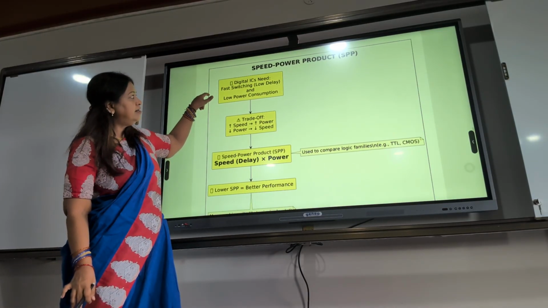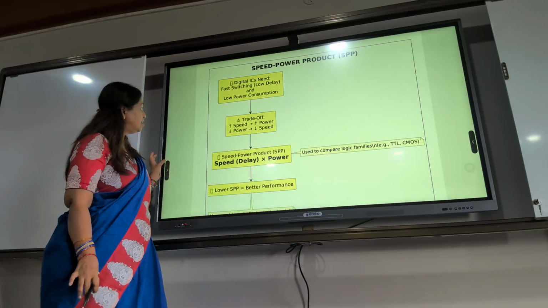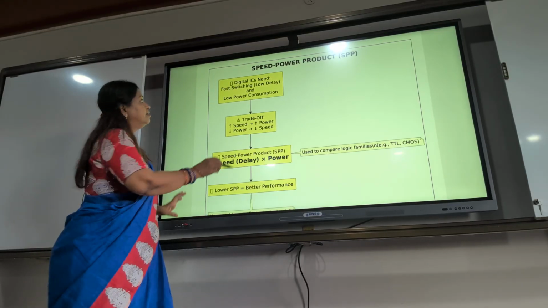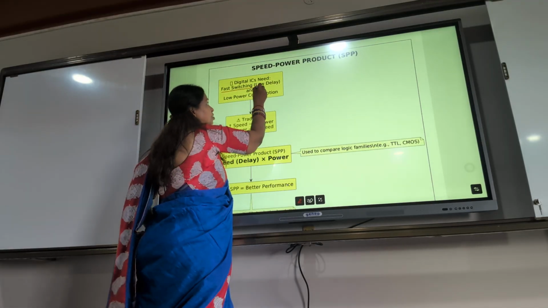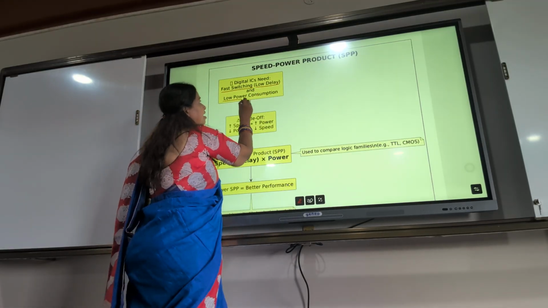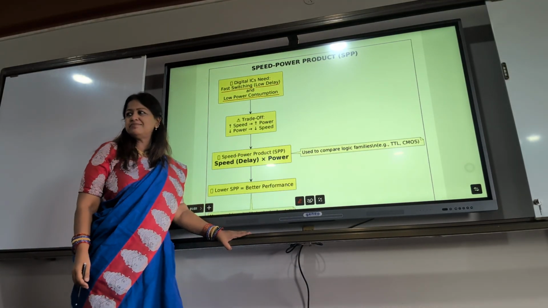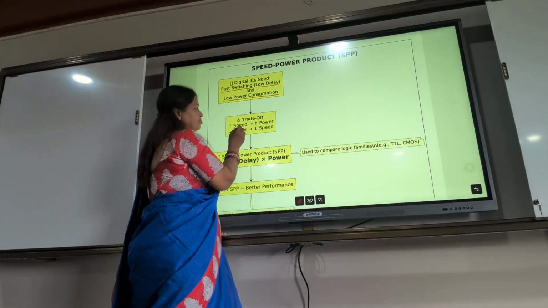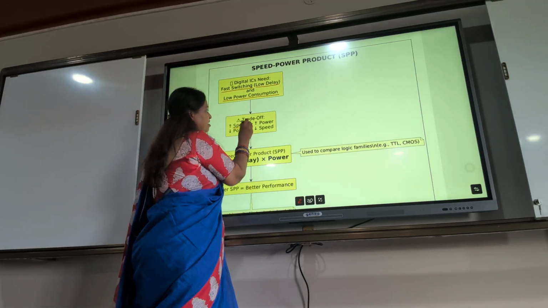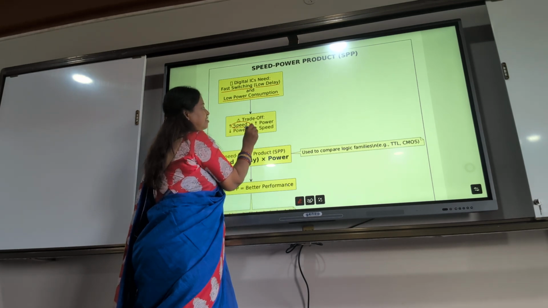This is explained here. So digital ICs need fast switching. That means no delay and low power consumption. Both are expected. Trade-off. If you want more speed, what happens?